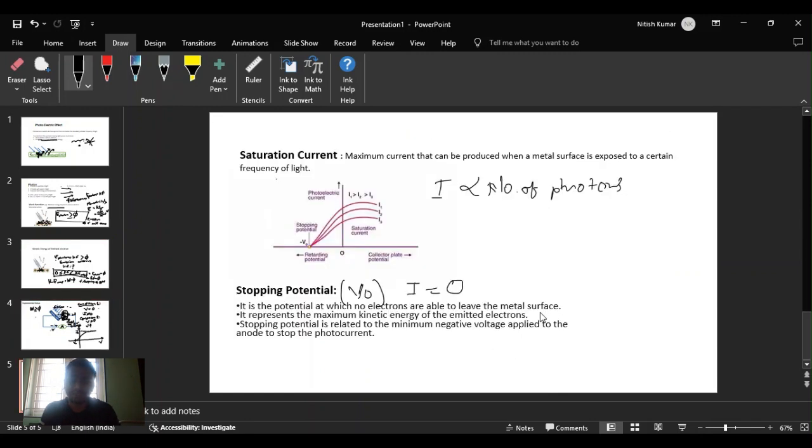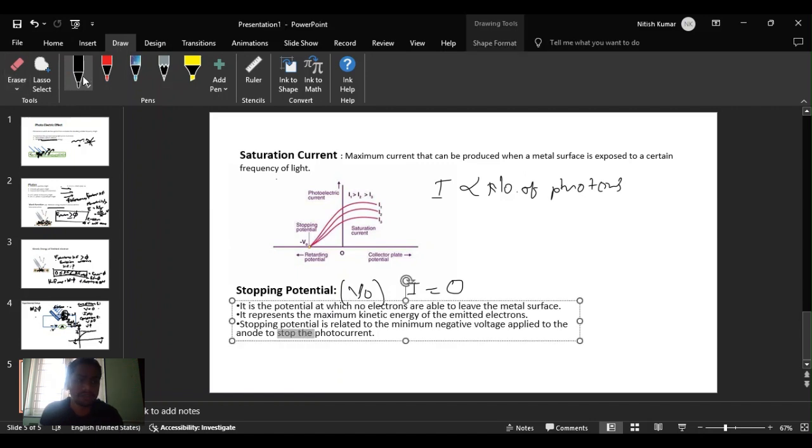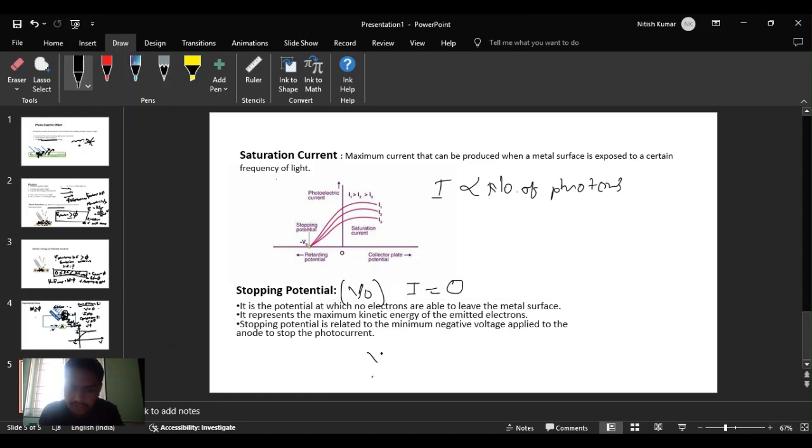So how much potential do we need to provide to stop that electron? To stop that electron, we need the stopping potential: e times V naught is equal to kinetic energy maximum, and we know kinetic energy maximum is the energy of the photon minus phi.